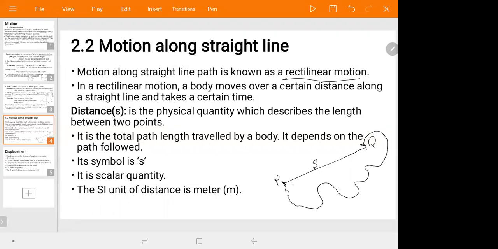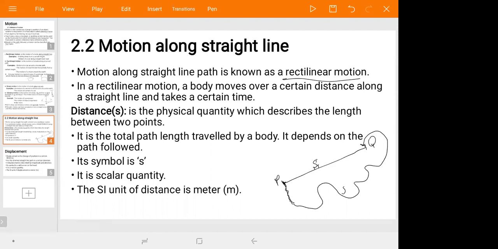So the total path length traveled by a body is what we call distance. It depends on the path followed.